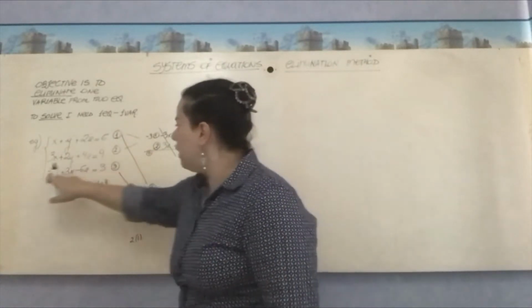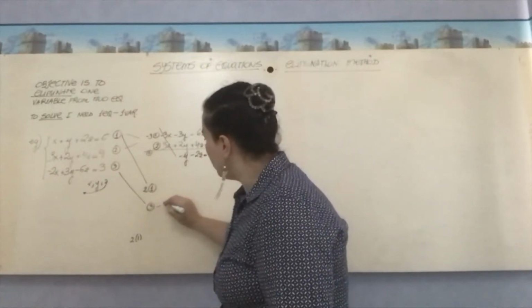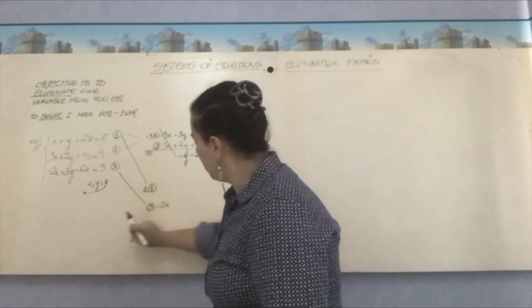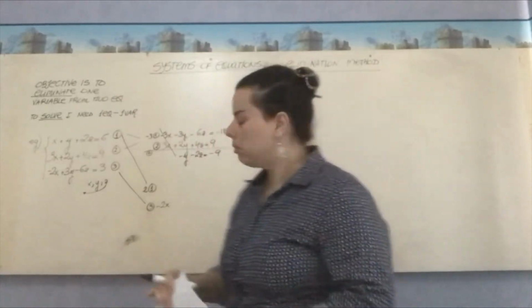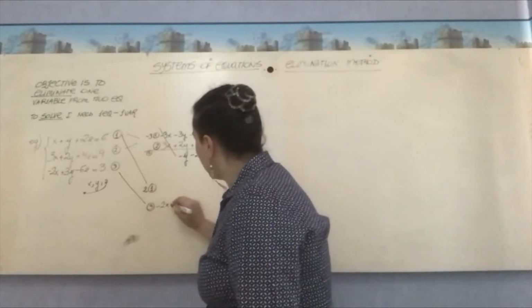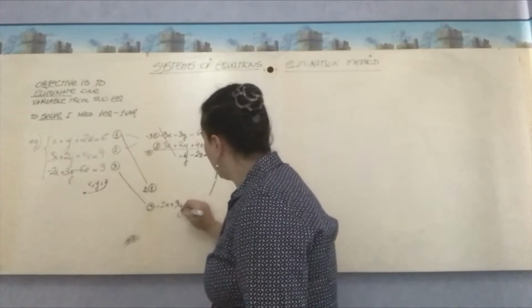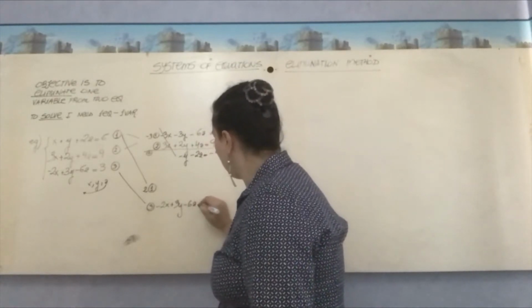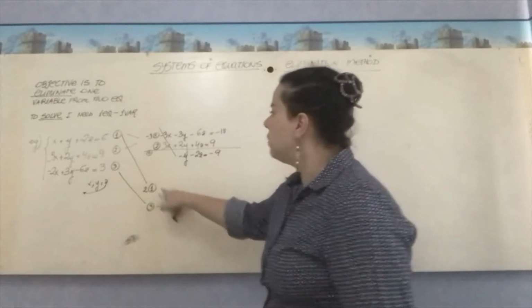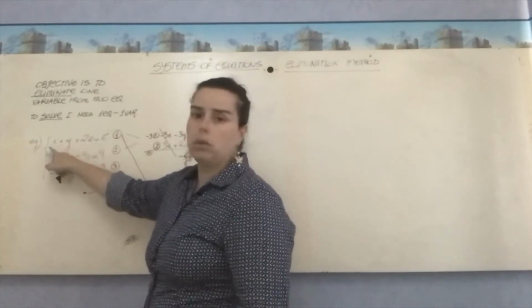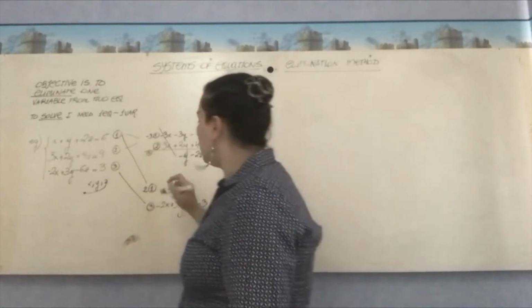Okay, 3, we're leaving it alone, so I'm just copying it, minus 2x, minus 6 plus 3, and this one I'm going to multiply times 2. Remember, I have to multiply all of the equation.